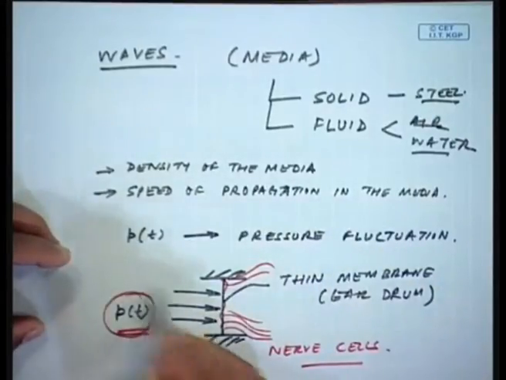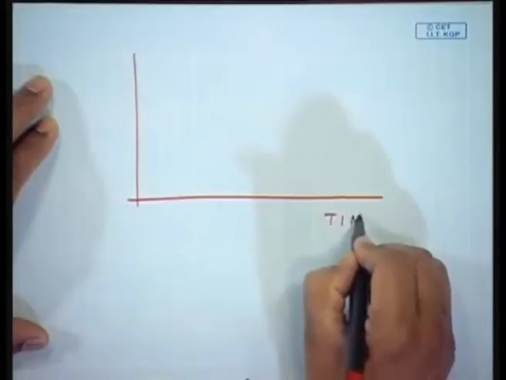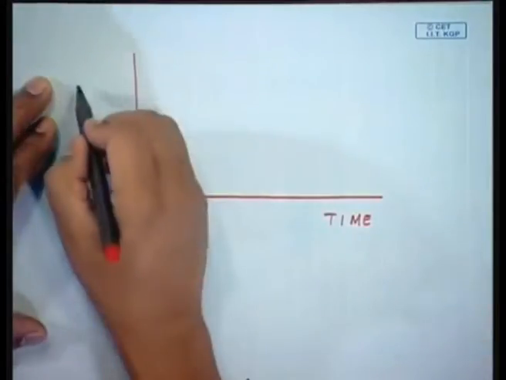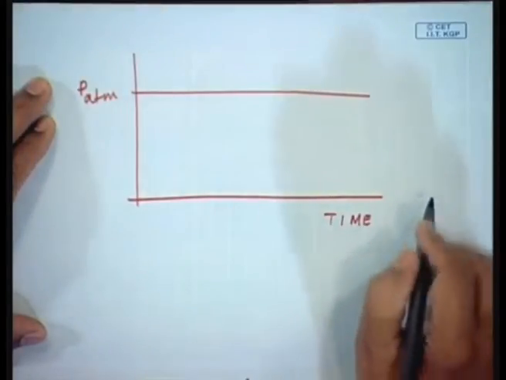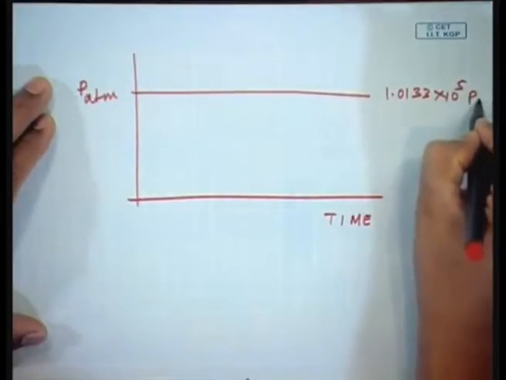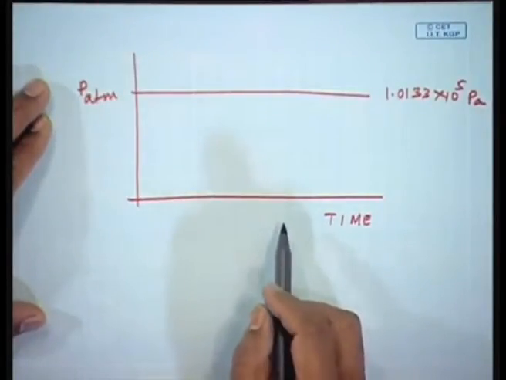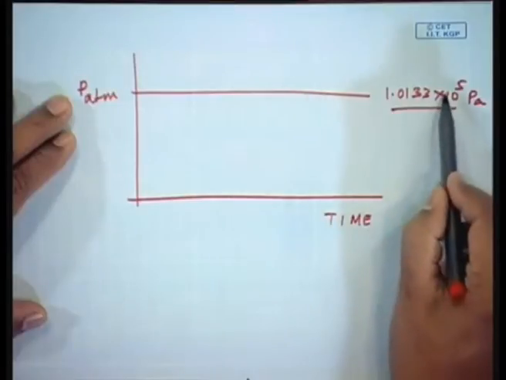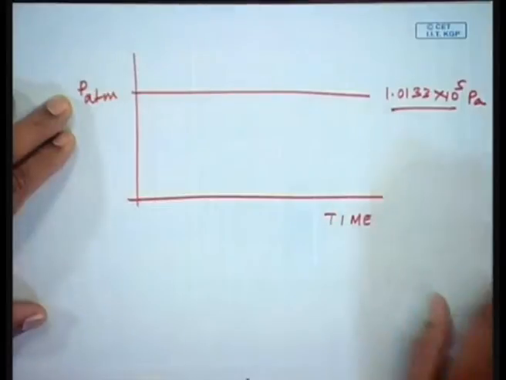But let us look into this pressure wave. For example, right now our eardrum, if you plot the time history of the pressure being incident on the eardrum, this is nothing but the atmospheric pressure, and this is about 1.0133 times 10 to the power 5 pascals. This is incident on our eardrum. So, this is a very high value of pressure our eardrum is being subjected to.